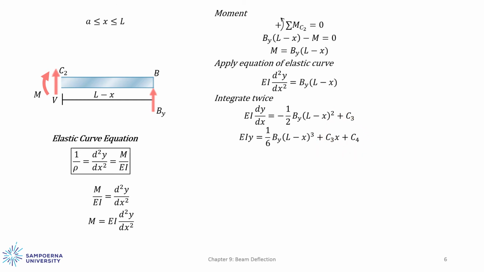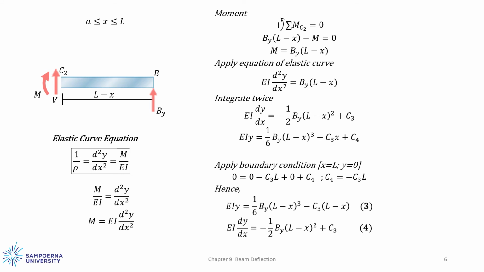Next, by applying the boundary condition at B, so x equal to L and y equal to 0, we have C4 equal to minus C3 times L. Now we have the elastic curve equation each with one unknown. We call it equation 3 and equation 4.